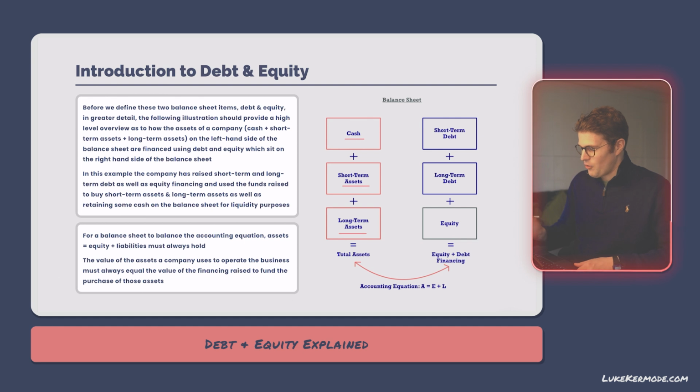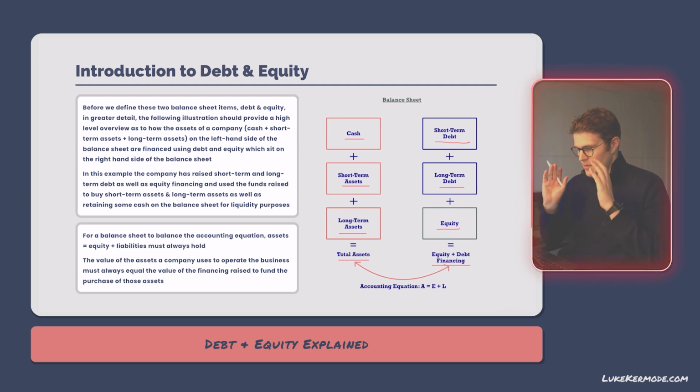In aggregate, that will equal your total assets on the left-hand side of the balance sheet. These assets are financed using debt and equity. I've split that into short-term debt, long-term debt, and equity, and that in aggregate equals the financing.